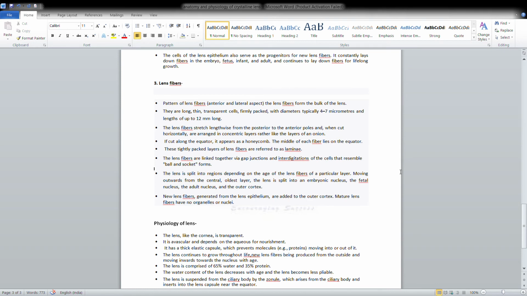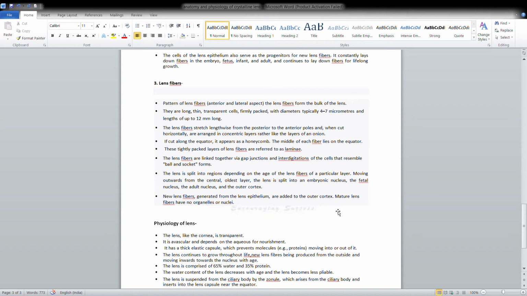The lens fibers are linked together via gap junctions and interdigitations of the cells that resemble ball and socket forms. The lens is split into regions depending on the age of the lens fibers of a particular layer.